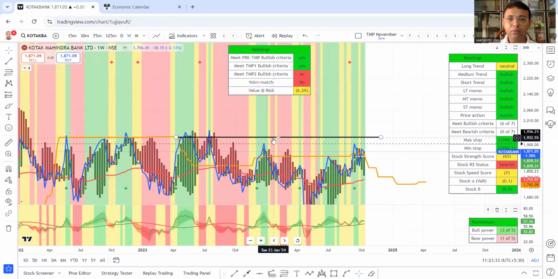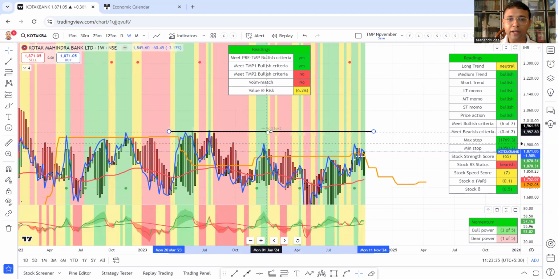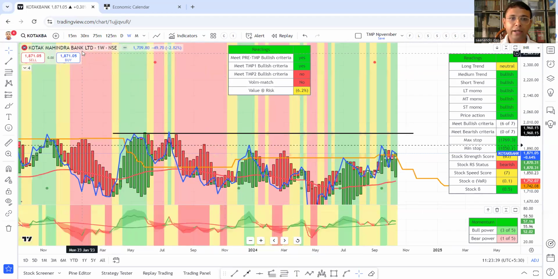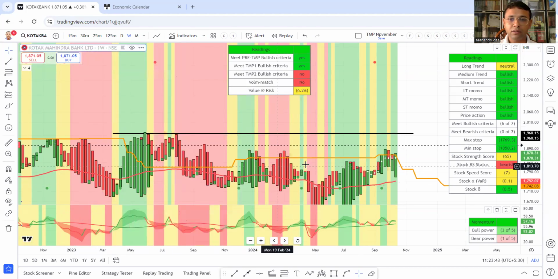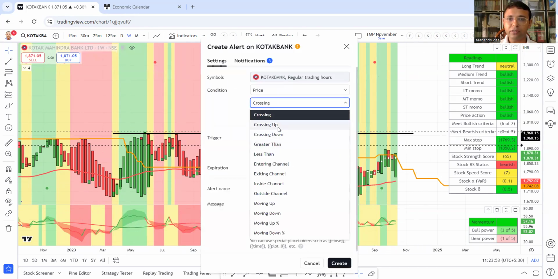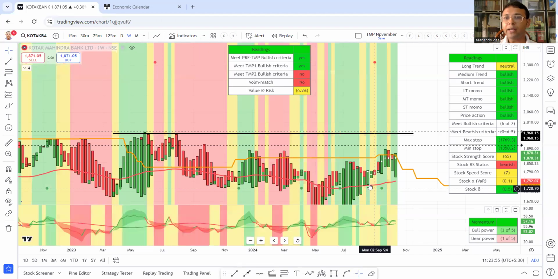Once that is done, we can do another round of tracker at the top of this candle. Let me hide the line chart. The second one, we can go for say above 1960. When it's crossing above 1960, that's where you buy another round.